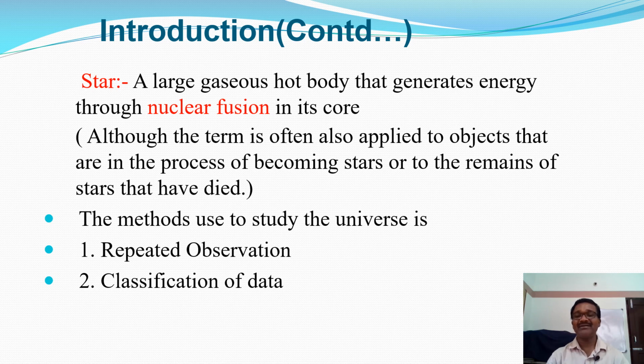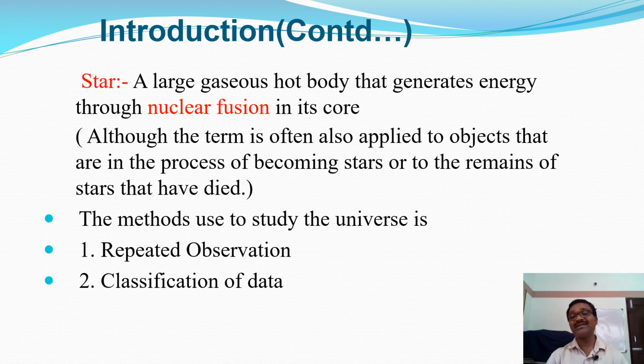A star is nothing but a gaseous hot body that generates energy through the nuclear fusion reaction in its core. Although the term is often also applied to objects that are in the process of becoming stars, we also call them stars.